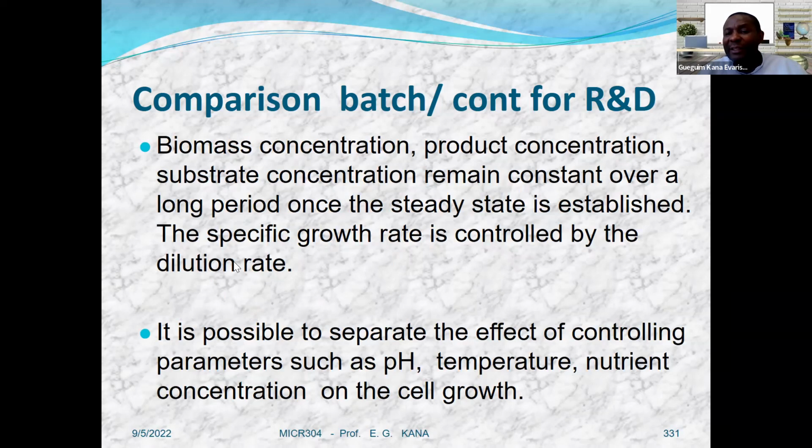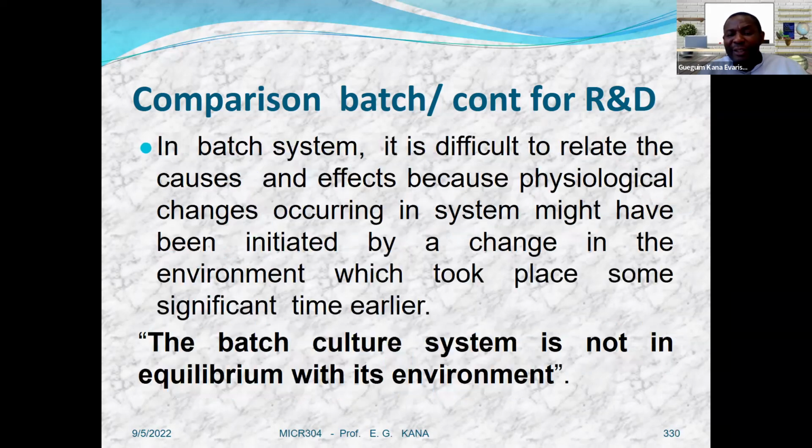Whereas in the batch system, since the system is not in equilibrium with its environment, the behavior that the cells are displaying might have been initiated by some environmental changes that took place many hours earlier.